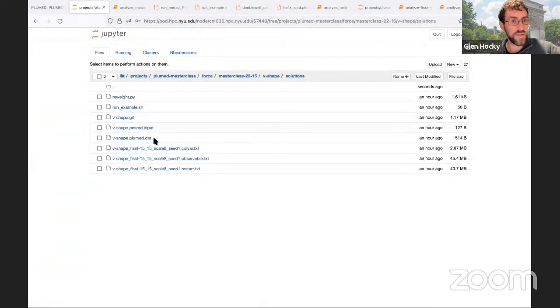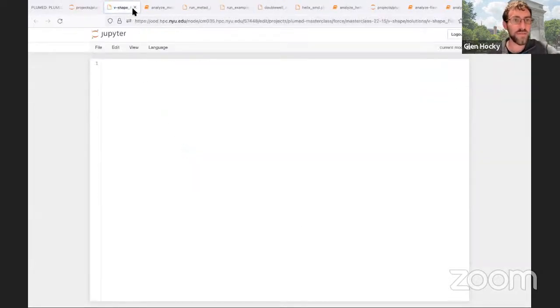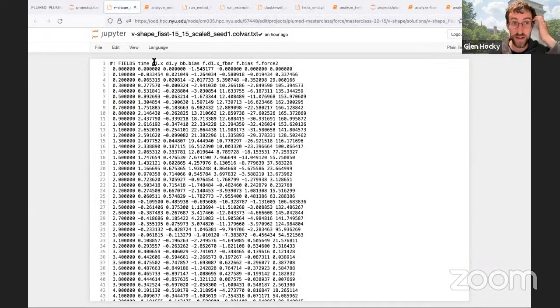When you actually run this, what you get is a CV file. This is the normal thing, which has what we are biasing, so X and Y, and the energy. Then FIST writes out this F bar, which is not the average force, but the force applied from the average over the weights of different forces.